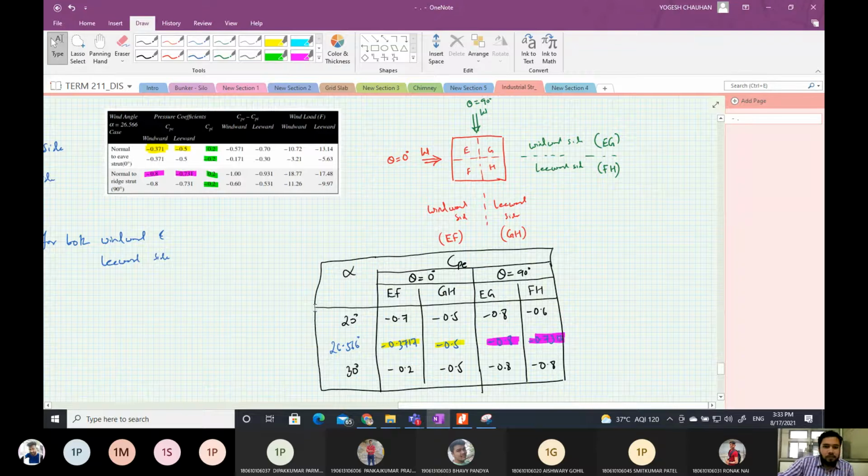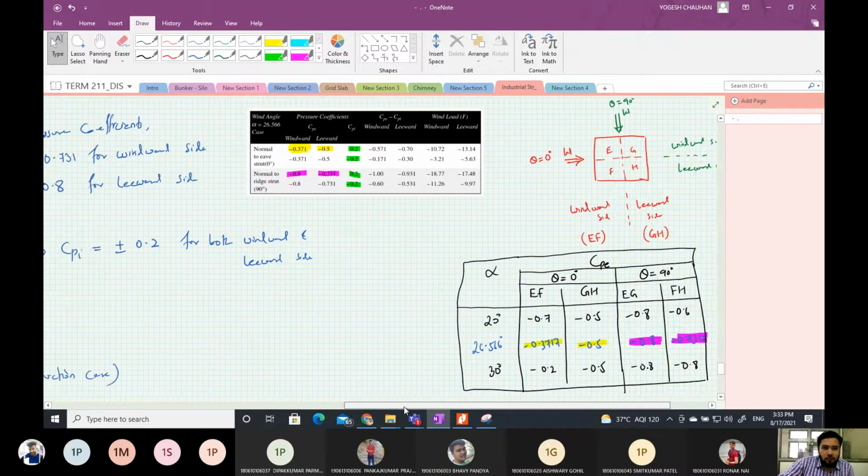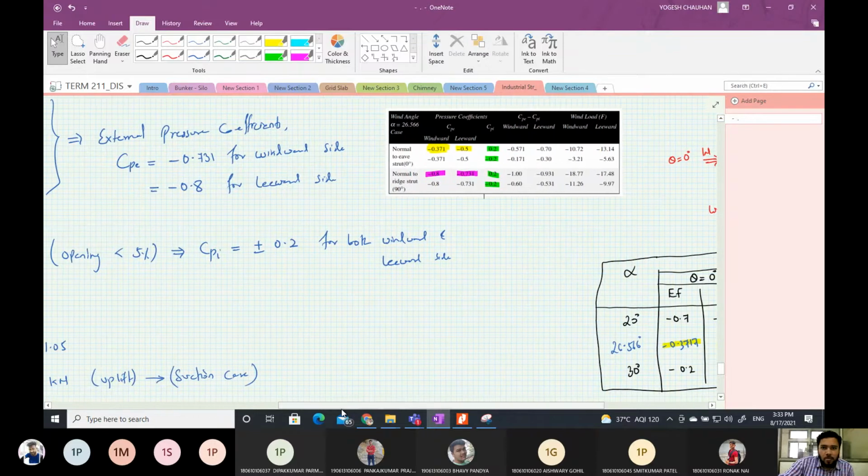So in our case, on the windward side, the external pressure coefficient, out of these two, the maximum one is 0.731. So this governing is this one.